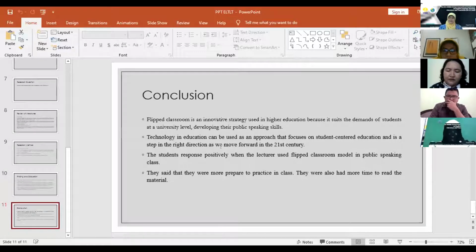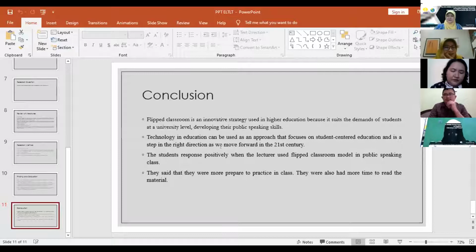They said that they were more prepared to practice in class because they have more time to rehearse or to read the material. Okay, I think that's all for the presentation.